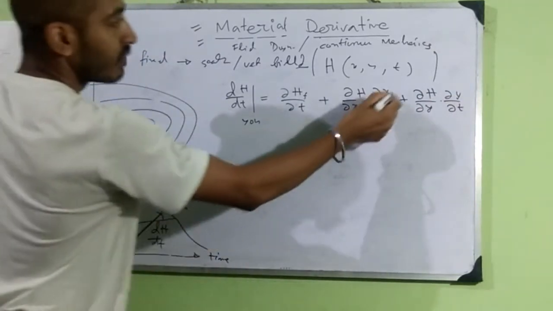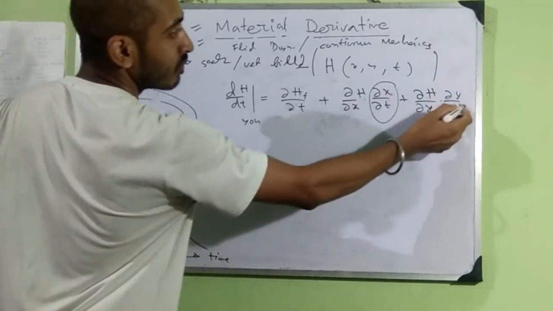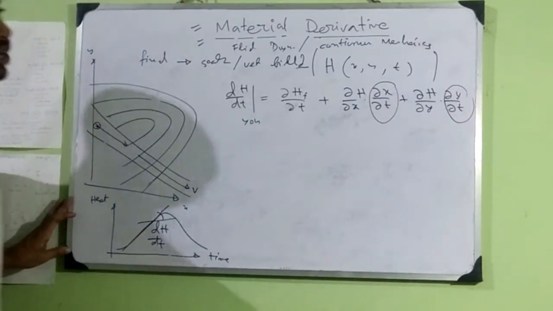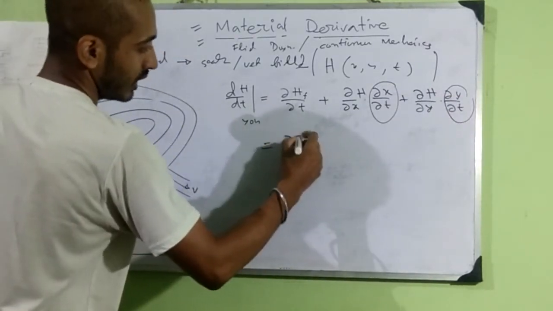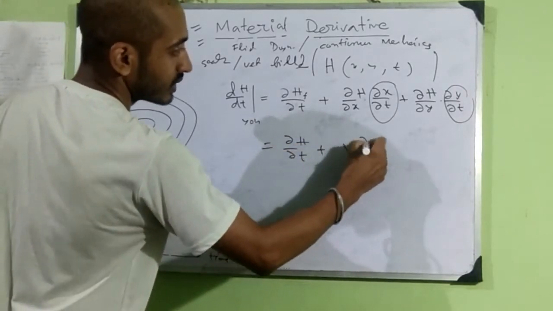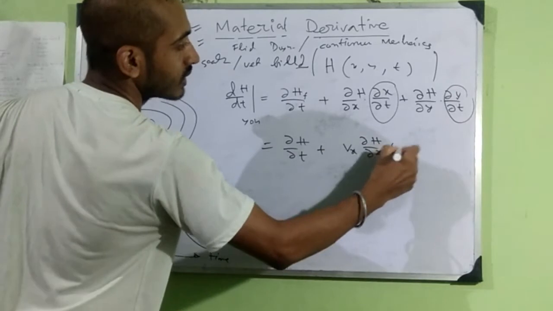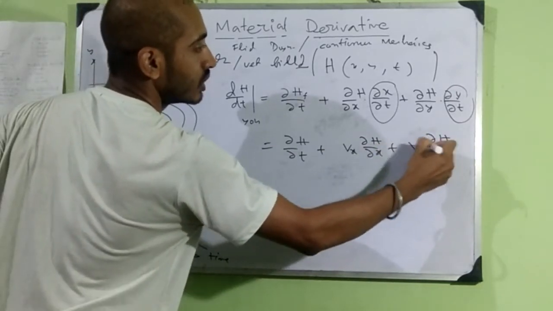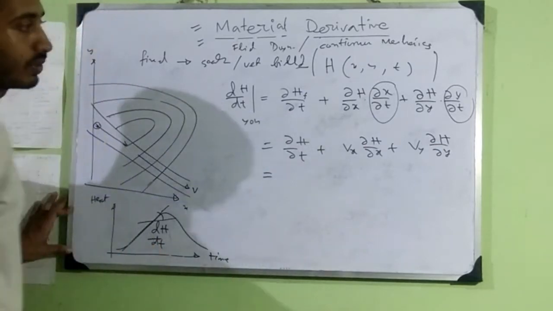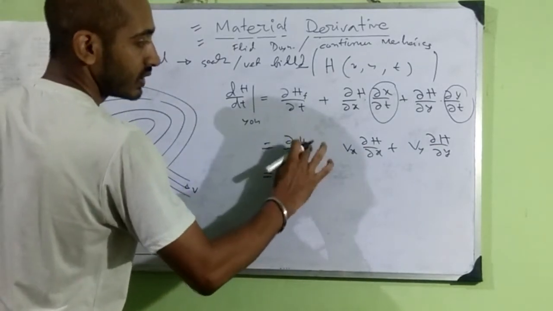We can define this as the velocity component vx in the x direction, and this as the velocity component vy in the y direction. So dh/dt is del h/del t plus vx del h/del x plus vy del h/del y.